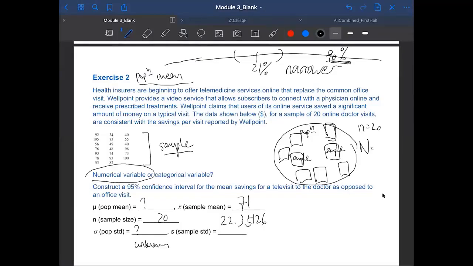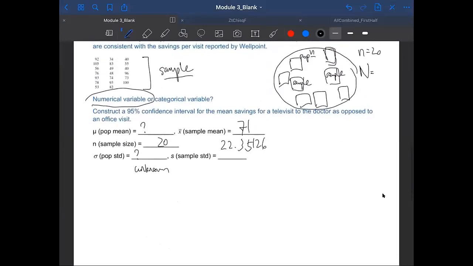What we want to do here is develop a 95% confidence interval for the average savings. So this is a 95% CI for average savings for the entire population. So that's going to be a mu.